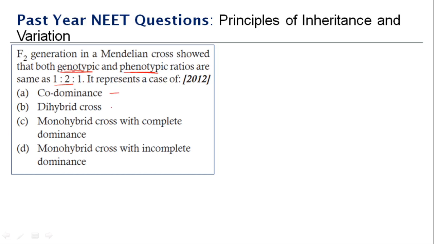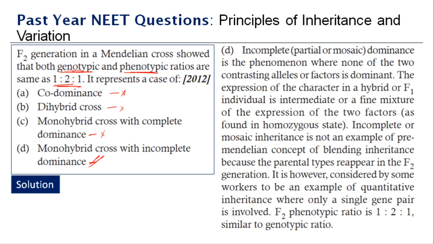Is it codominance, a dihybrid cross, a monohybrid cross with complete dominance, or a monohybrid cross with incomplete dominance? It cannot be codominance. It is not a dihybrid cross. It is not a monohybrid cross with complete dominance because the ratio is 1:2:1. It is a monohybrid cross with incomplete dominance.